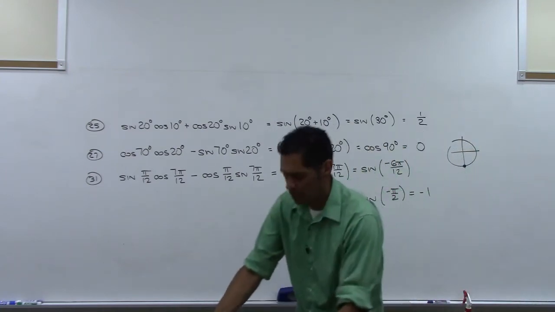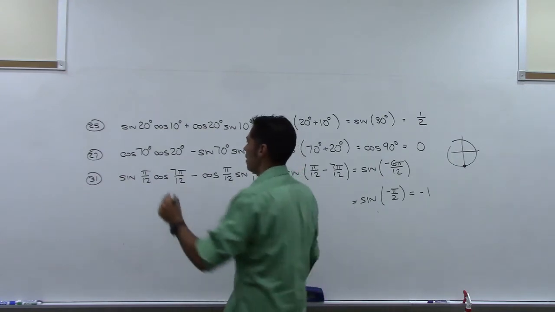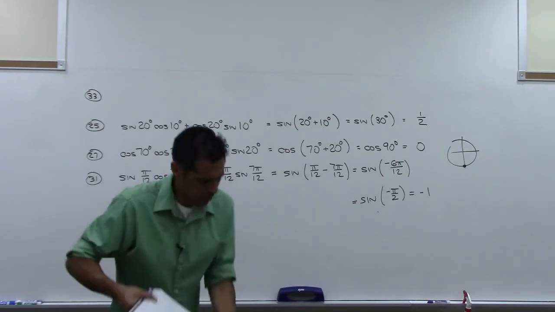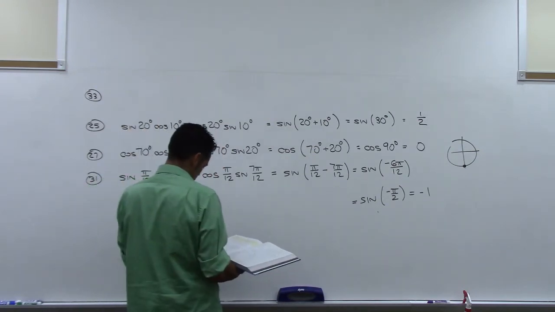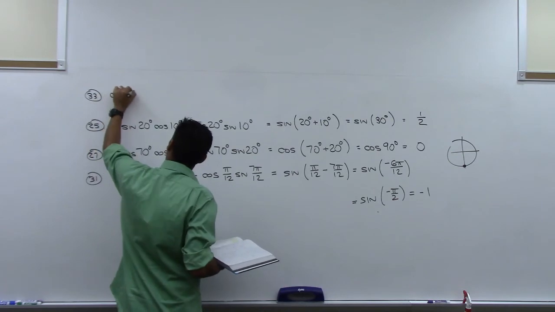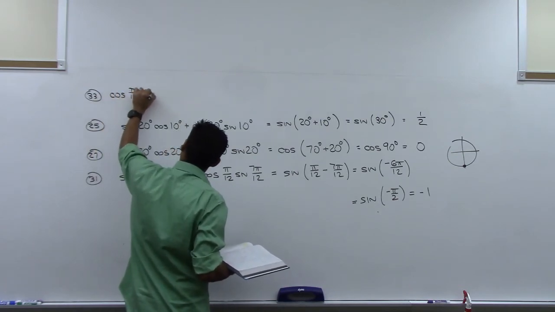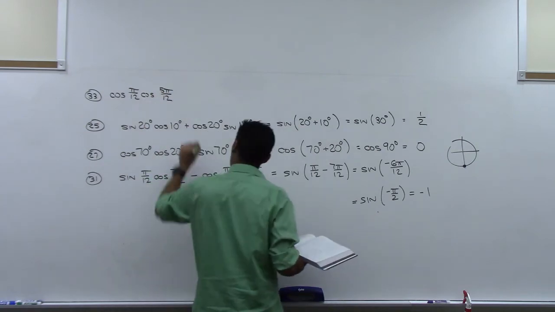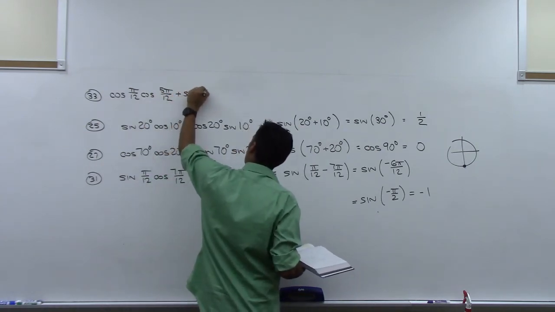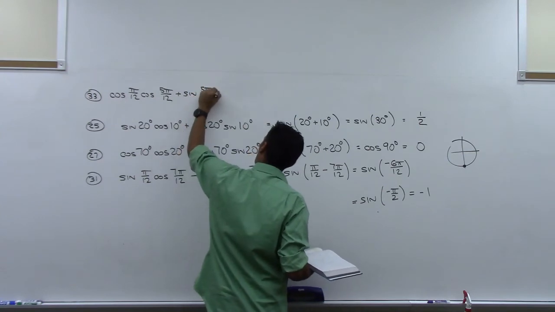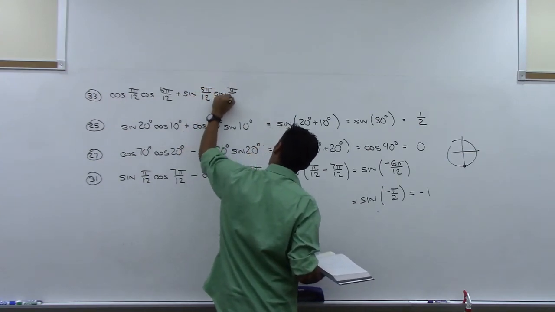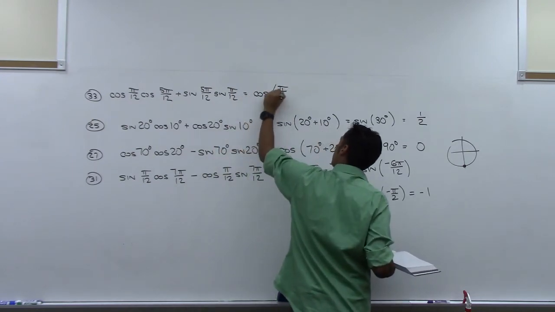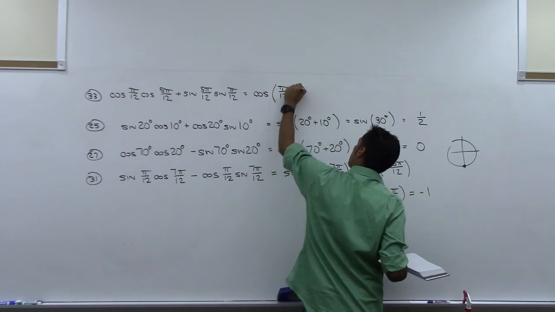All right, number 33, same thing. We've got cosine, cosine again, so cosine of pi over 12, cosine of 5 pi over 12, and let's see what we've got here, plus or minus now. Plus sine of 5 pi over 12, sine of pi over 12. So this looks like the formula for cosine of pi over 12 minus 5 pi over 12.